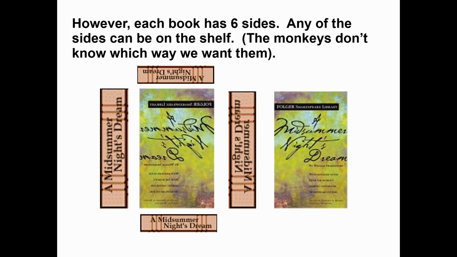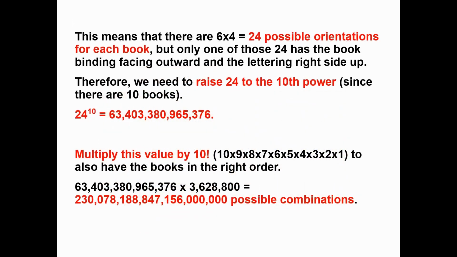This means there are 6 times 4 equals 24 possible orientations for each book. But only one of those 24 has the book binding facing outward and the lettering right side up.